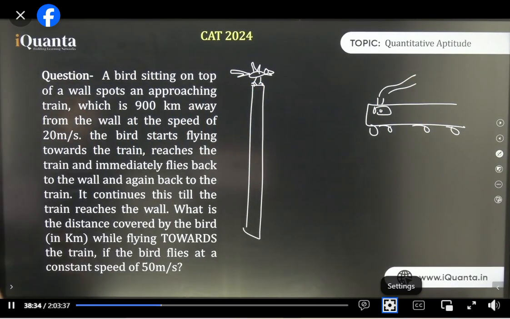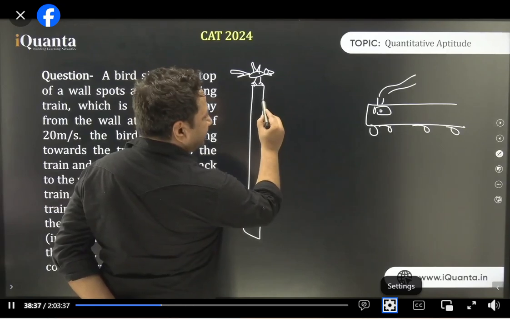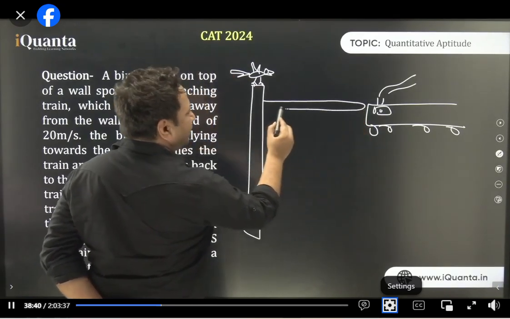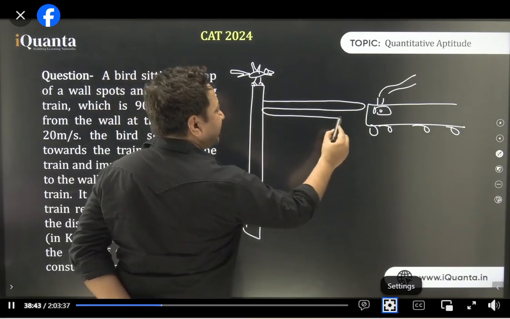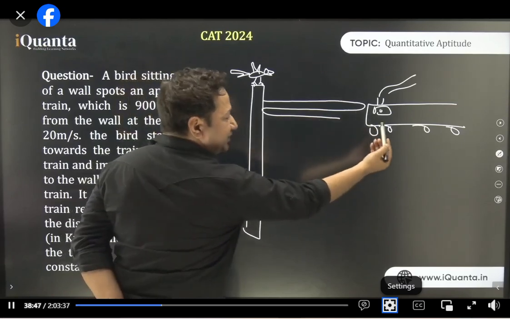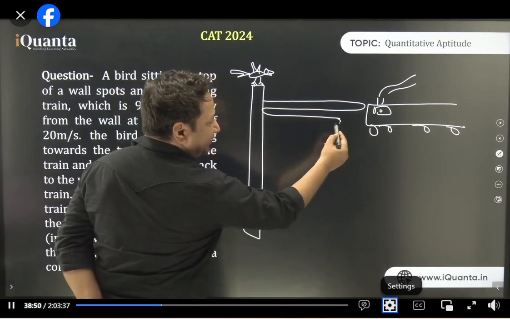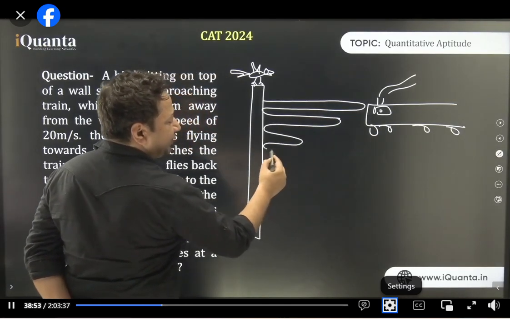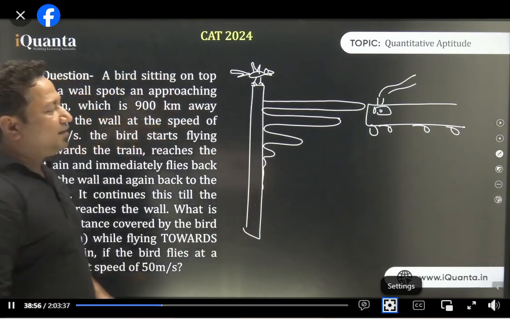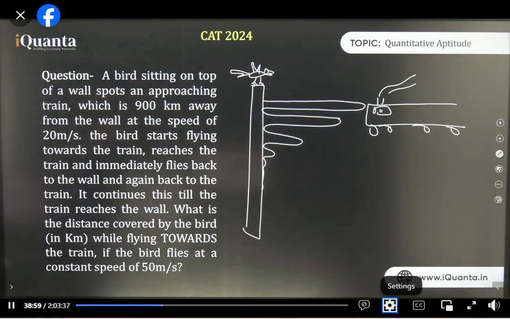The bird travels to the train like this and then comes back to the wall. Again it travels. By the way, while doing all this, the train is also moving. The train must have moved, let's say till here. The bird goes here again. This keeps on happening until the train reaches the wall and the bird stops flying. We have to find how much distance the bird has traveled in the direction of the train. Is the question clear?